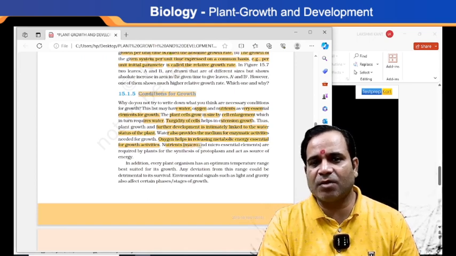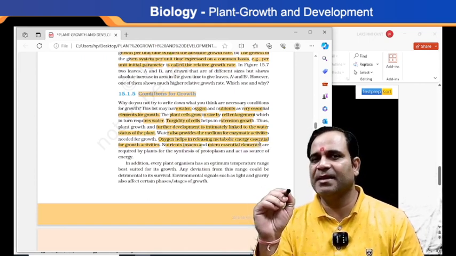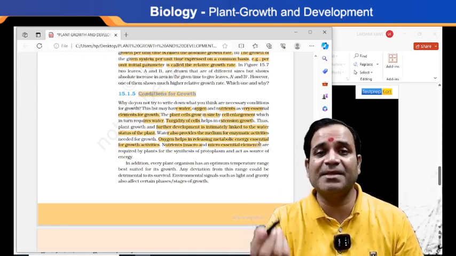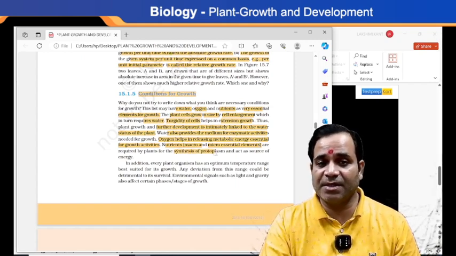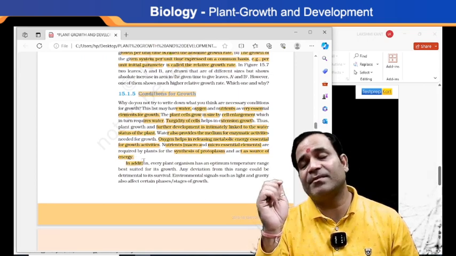So the nutrients, that is macronutrients and micronutrients, are very essential elements for growth, required by the plants for synthesis of protoplasm and acting as a source of energy.